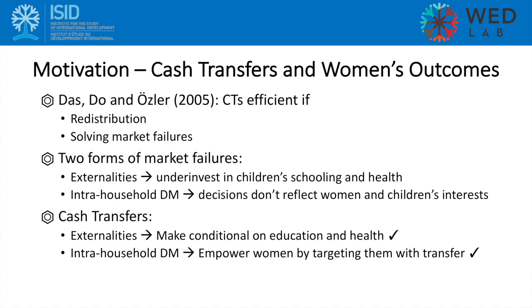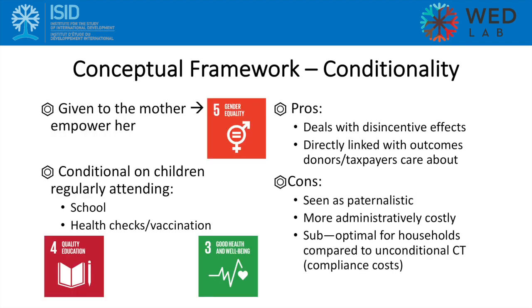On the other hand, in terms of decision-making within the household, there's a lot of evidence that women aren't necessarily empowered in all of the domains that matter for intra-household decision-making. And so perhaps if we give the cash to the mother, she'll have more bargaining power within the household, and therefore she can assert her preferences and be more protective of her children's well-being. Okay, so that's the big picture theory.